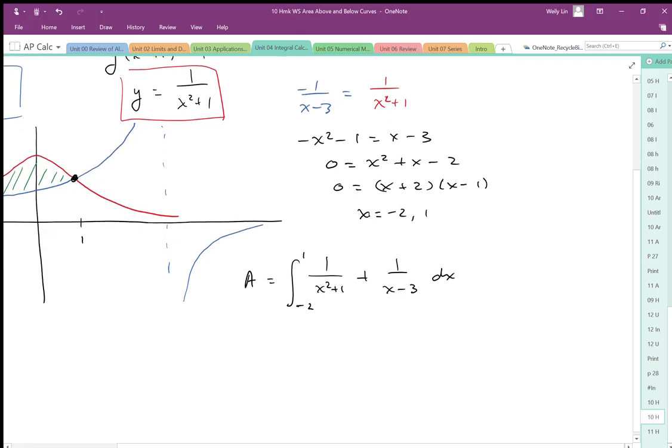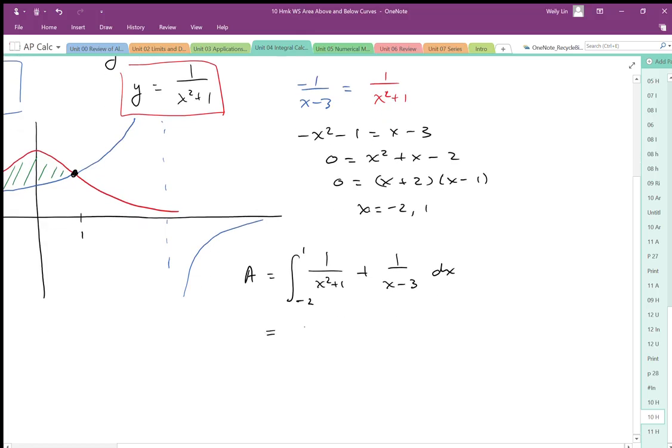So at this point, if I want to use that integral, I'm going to make this into arctan x plus log x minus 3, and I'm going to integrate this from negative 2 to positive 1.